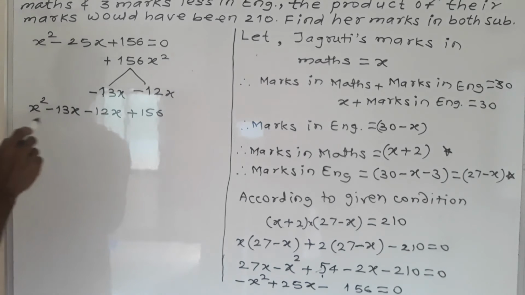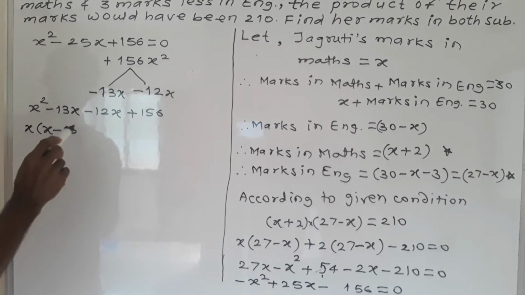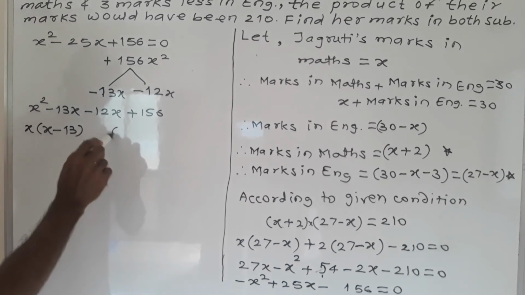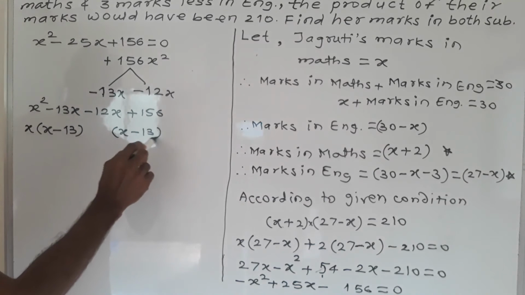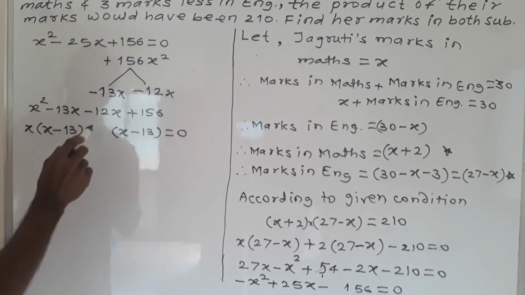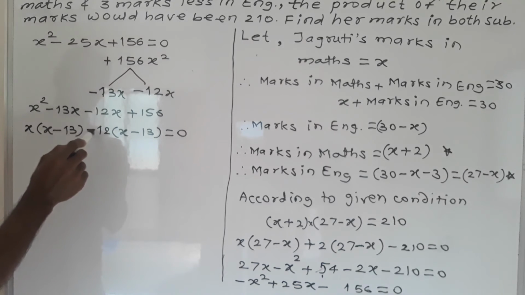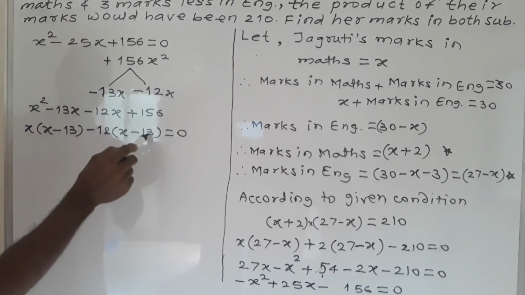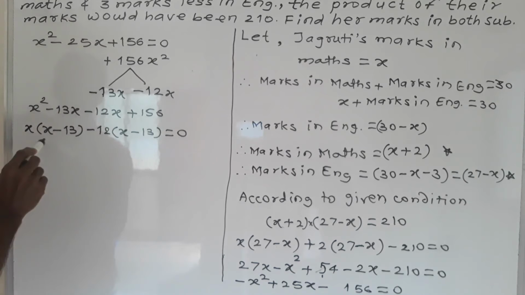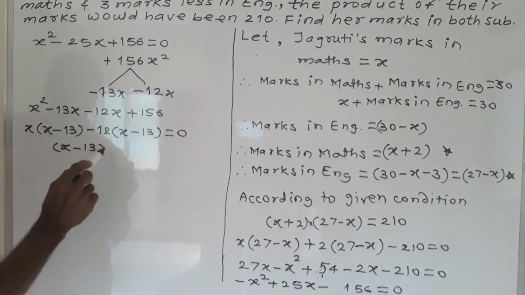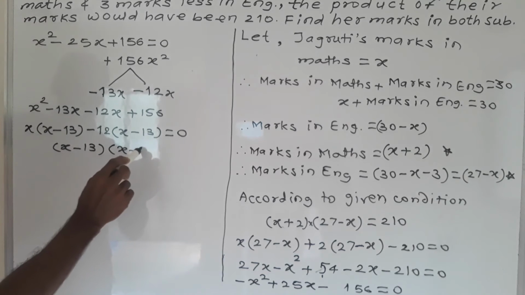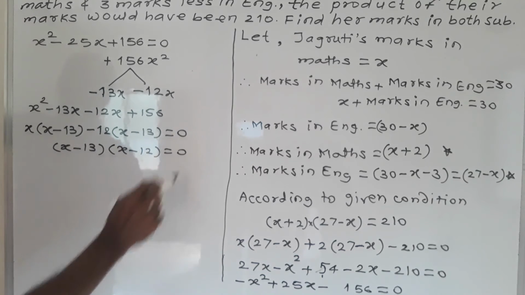Now here we take common x in bracket x minus 13, now same bracket we write here x minus 13 is equal to 0. Now here we take common minus 12 into x minus 12x, minus into minus plus, 12 into 13 156. Now this bracket common, therefore x minus 13 and second bracket x minus 12 is equal to 0.